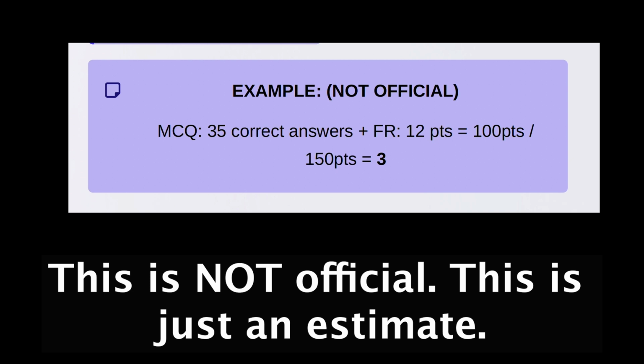That is 4 points per essay. 3 times 4, 12. That will give you roughly 100 points converted in the 0 to 150 scale. And those 100 points will grant you a level 3. From 1 to 5 in the overall exam, you will be getting 3. Is that good or bad? Well, let me show you.